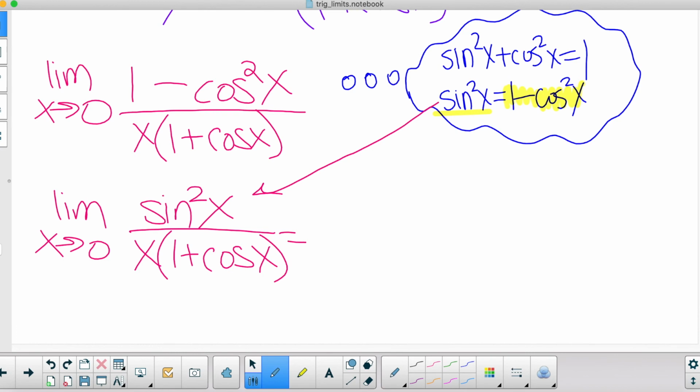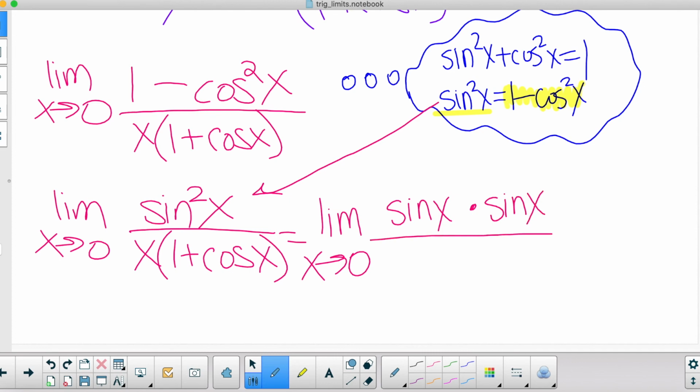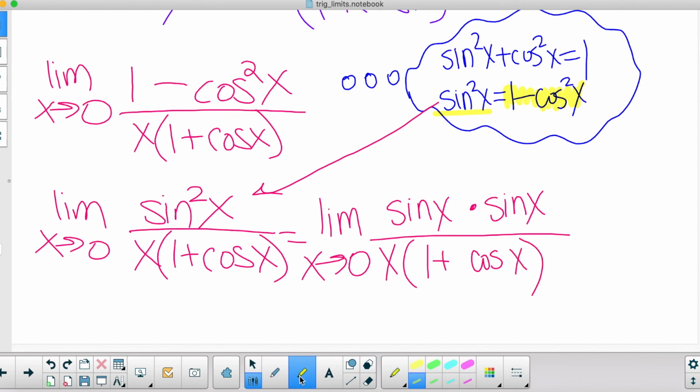So now we have the limit as x goes to 0 of sine x times sine x all over x times 1 plus cosine of x. And then hopefully you're seeing this property right here. And that guy we all know is going to be 1.